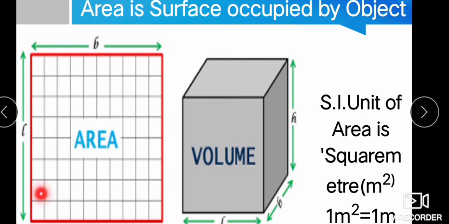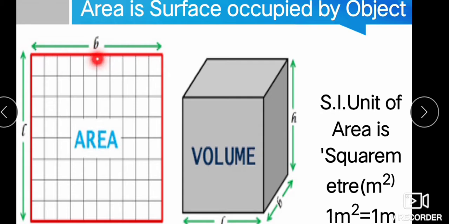It may be a square or rectangular shape, and since the area of a square is length into length, and length is measured in meter in the SI system, the SI unit of area is written as square meter.